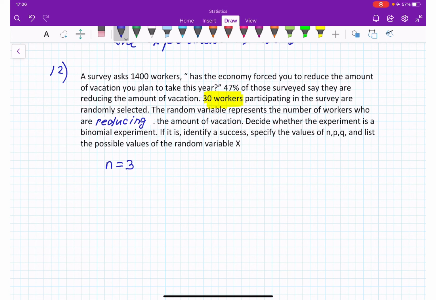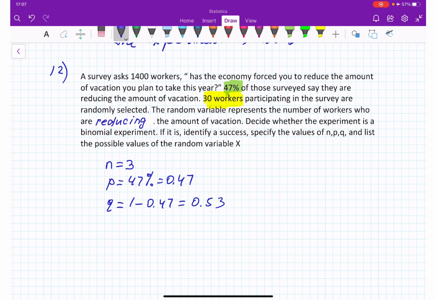The probability of success is given, because it says 47% of those say they are reducing. So that's the probability of success, 47% or 0.47. Accordingly, we can figure out q, 1 minus 0.47, which is 0.53, right?